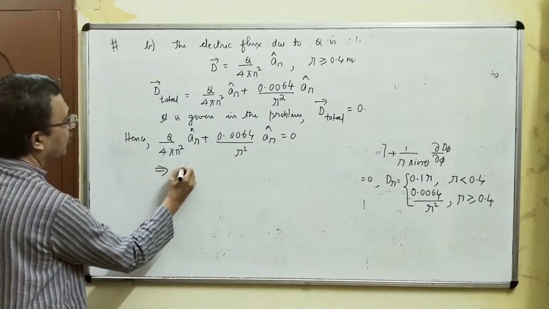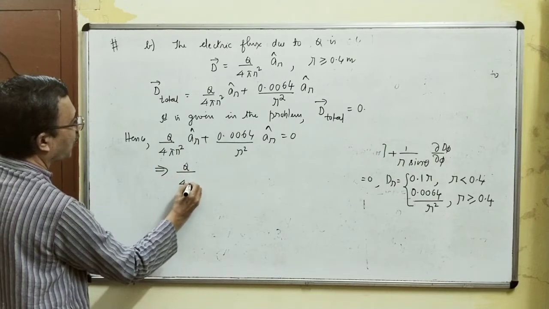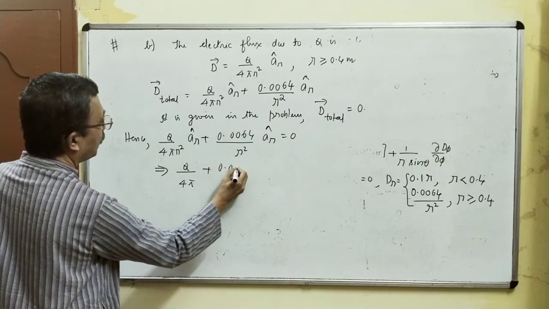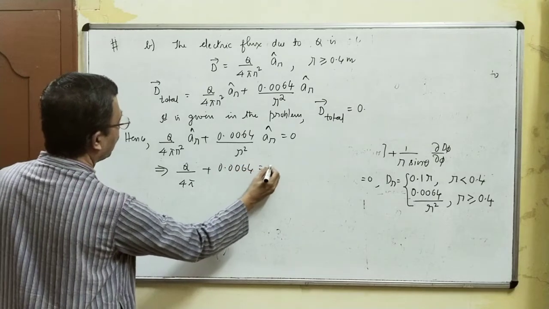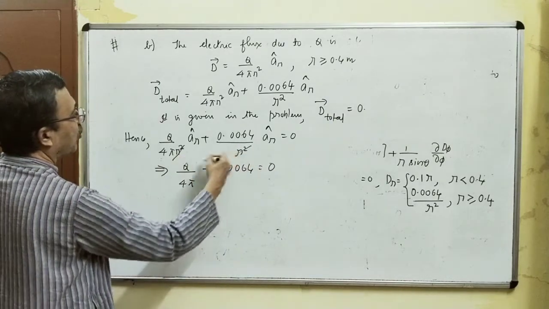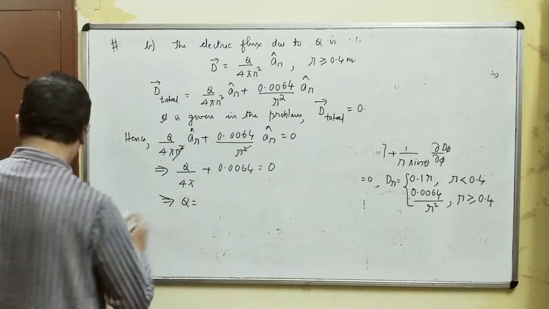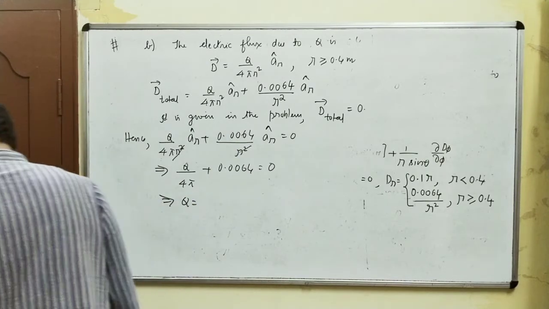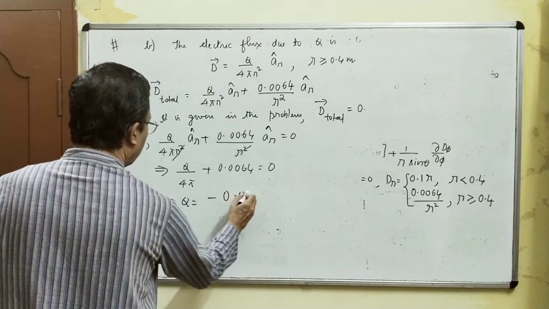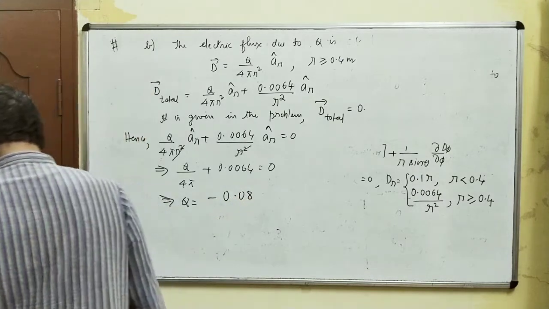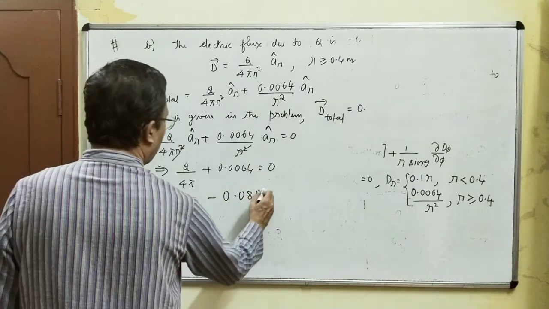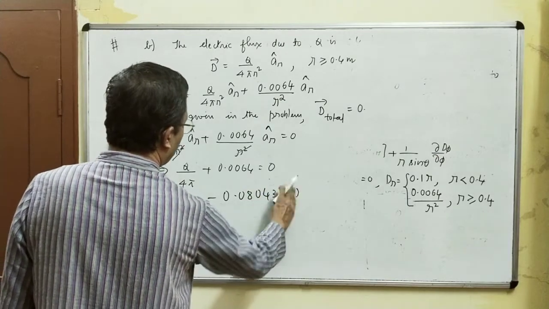This implies Q divided by 4 pi plus 0.0064 is equal to 0. R square we can remove, ar cap we can remove. This implies Q is equal to minus 0.08043 coulombs. This is the answer.